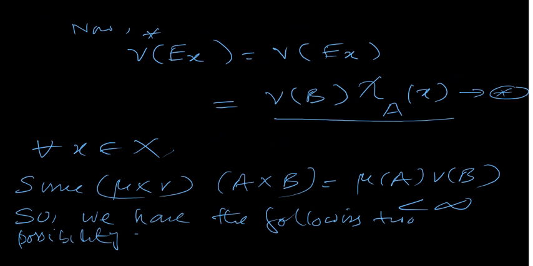One is nu of B and second is 0, because whenever x is in A, it's equal to nu of B, and whenever x is not in A, it's equal to 0.